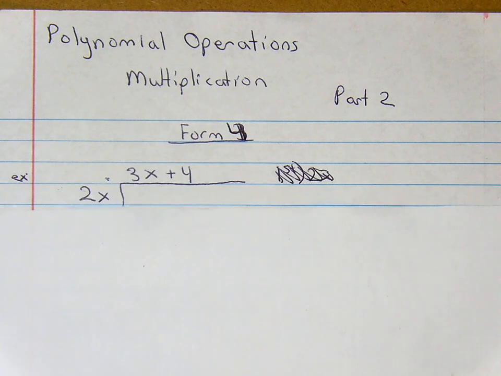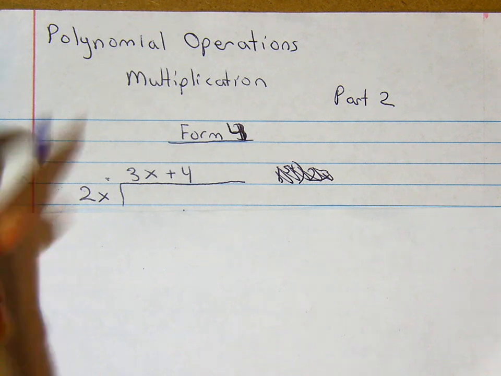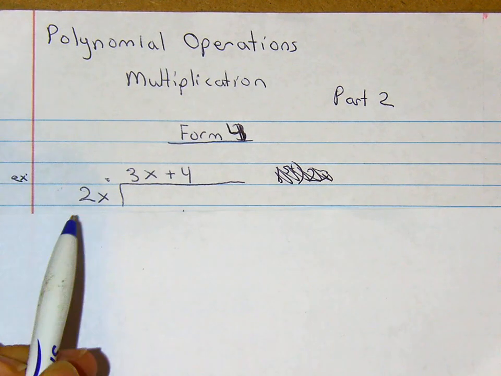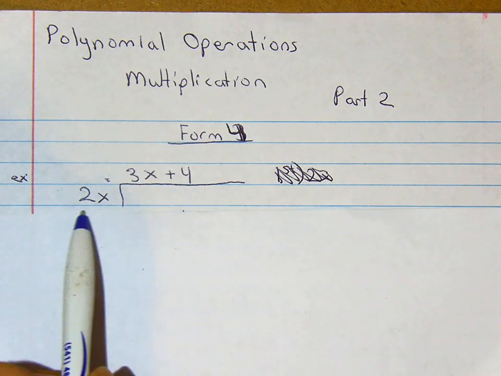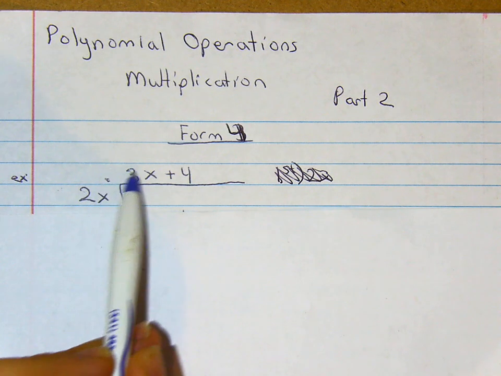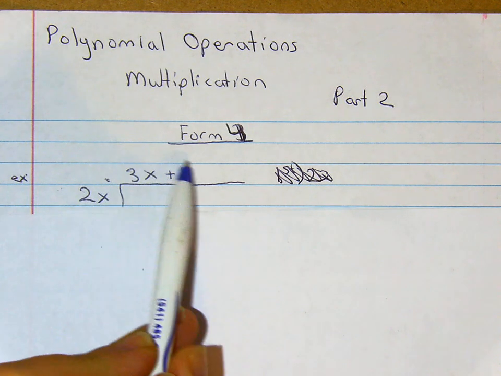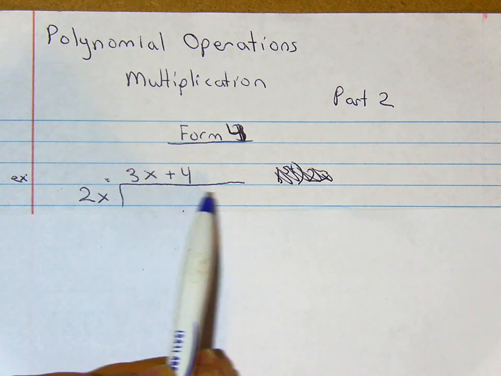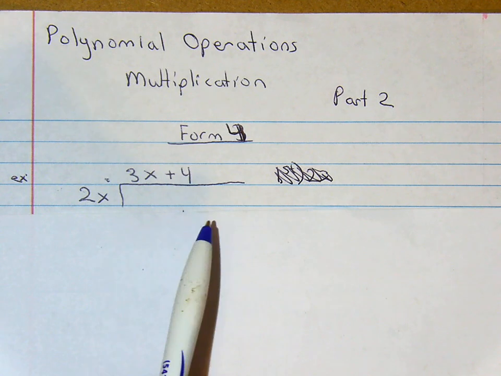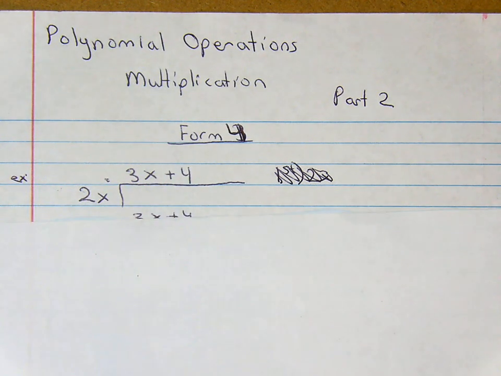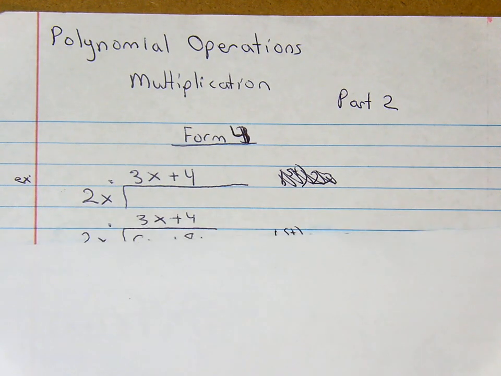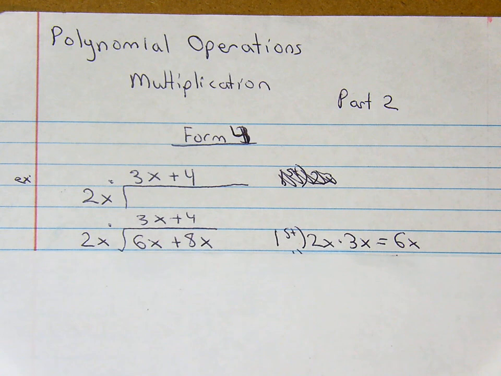So we have our example, and as you notice, it's kind of set up in that division box already. But we're going to be multiplying, because that's all it is: this number times this up here usually gives you what's down here. So here's our example problem, and I rewrote it so you can kind of see the steps.